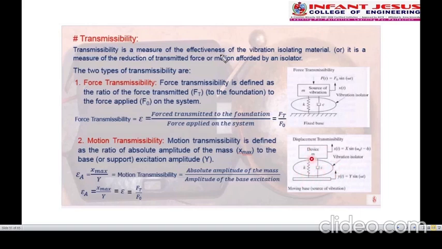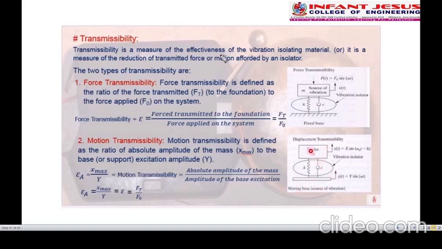This ratio is called the motion transmissibility: the absolute amplitude of the mass divided by the amplitude of the base excitation.